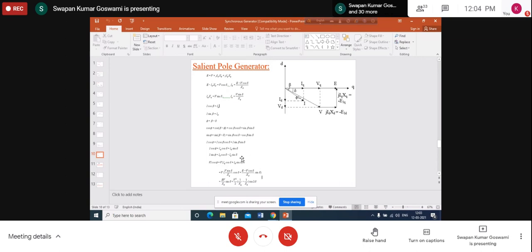So these machines are more stiff, more strongly coupled with the bus, as if you will have to put more effort to disconnect the machine from the bus. That means these machines are having higher stability compared to the cylindrical rotor machine.